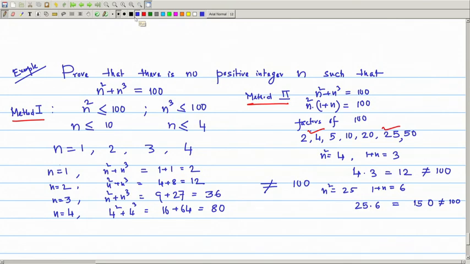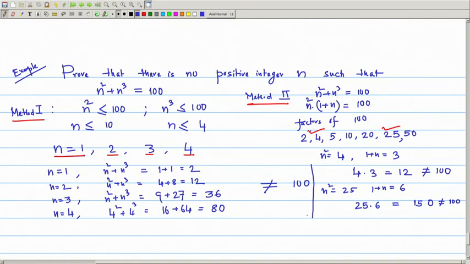First method, we have taken n equal to 1, 2, 3, 4, and we have seen whether n square plus n cube equals 100 or not. Here only two cases, n square equal to 4 and n square equal to 25, but here there are 4 cases, here there are 2 cases.